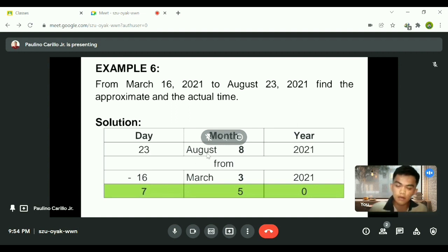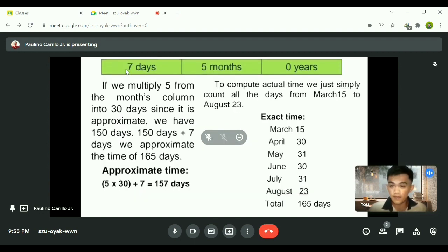The numerical form of August is 8. And the numerical form of March is 3. So just subtract it. 8 minus 3 is equal to 5. And year is obvious, it is 0 because 2021 minus 2021 is equal to 0. Now, we have 7 days, 5 months, and 0 years.